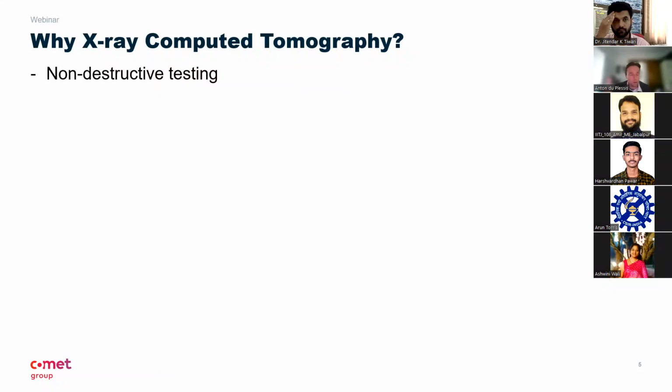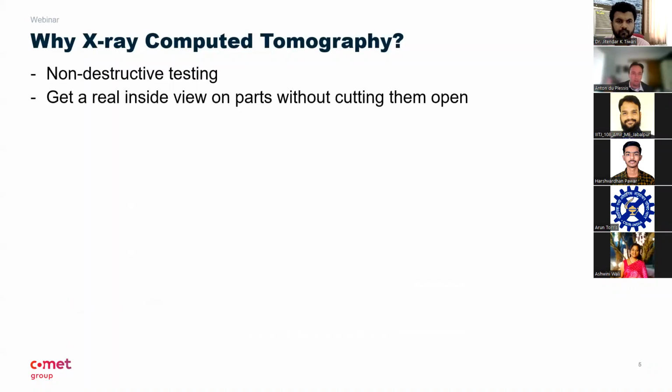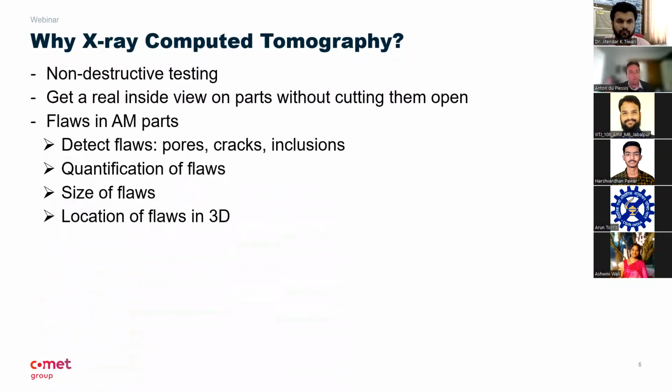It's non-destructive, so it allows you to look inside objects and make cross-sections non-destructively, so that you don't have to lose a part and lose money because of that. You get a real inside view without cutting them open. It's in additive specifically useful for detecting flaws, so looking for porosities or cracks or inclusions.